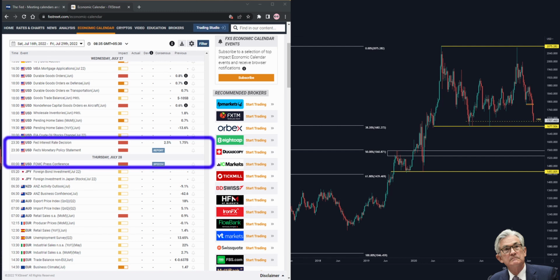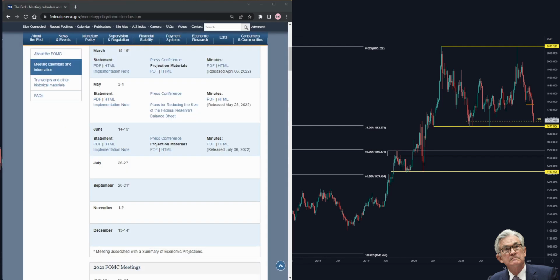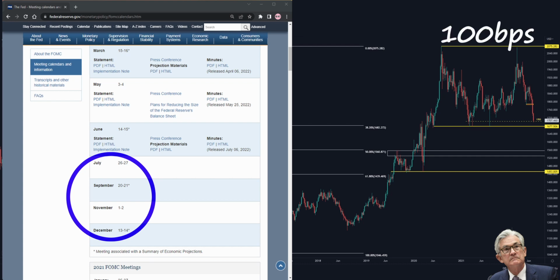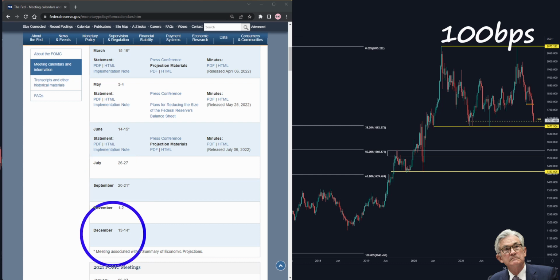And if you see the Fed FOMC calendar, then at the July FOMC meeting we have a 100 basis point rate hike. After that we have only 3 FOMC meetings, and what the Fed does in the next 3 meetings will be important, especially the December FOMC.